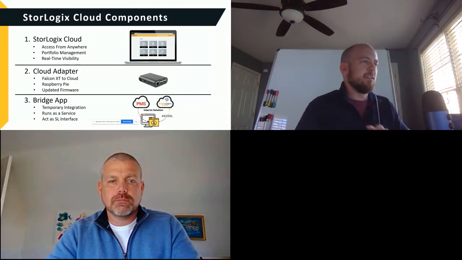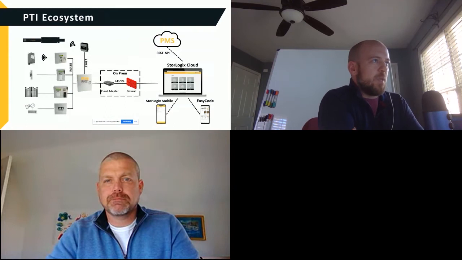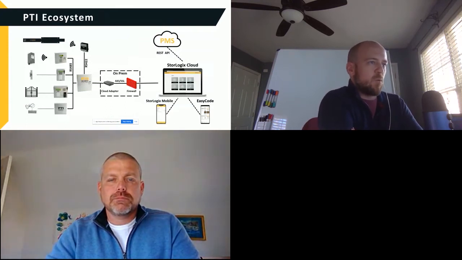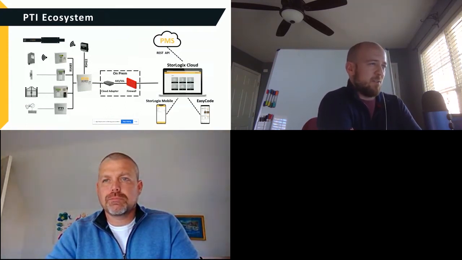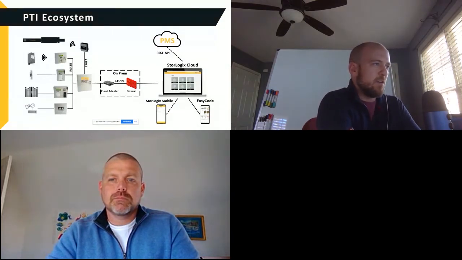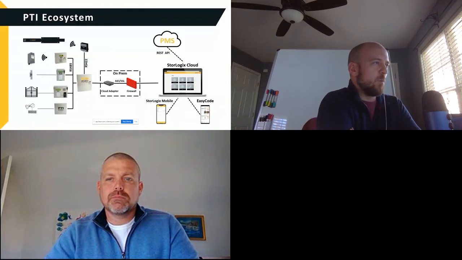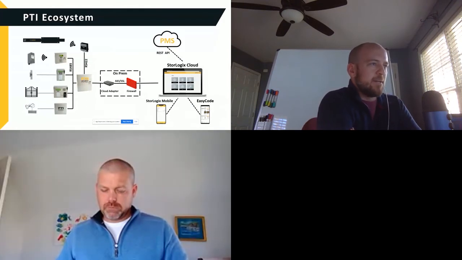All right. So this is the high-level PTI ecosystem. I just wanted to quickly show you how it all fits together, so you can make sense of it. On the left-hand side is all the hardware. You can see our controller, keypads, even DoorBoss up there in the top left. The cloud adapter is right in the middle. You see that plugs into the Falcon. And then when you do that, it opens up that whole right side, which is our SaaS universe.